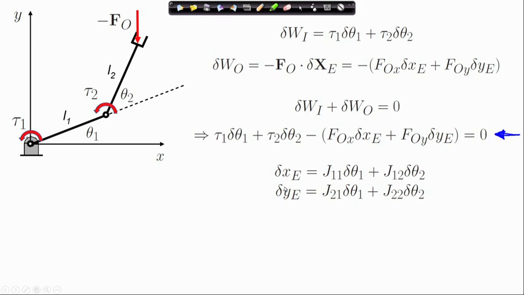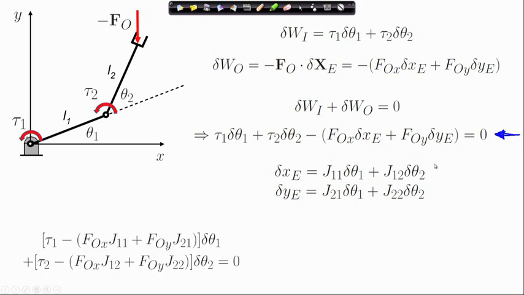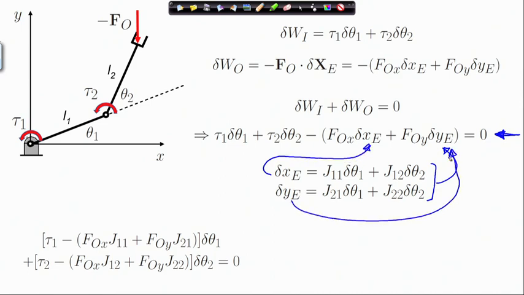Since we have already found the expressions for delta x_e and delta y_e, we will just plug in these expressions in here and collect terms of delta theta 1 and delta theta 2. When you plug in delta x_e here and delta y_e here, we have the principle of virtual work in terms of only delta theta 1 and delta theta 2.